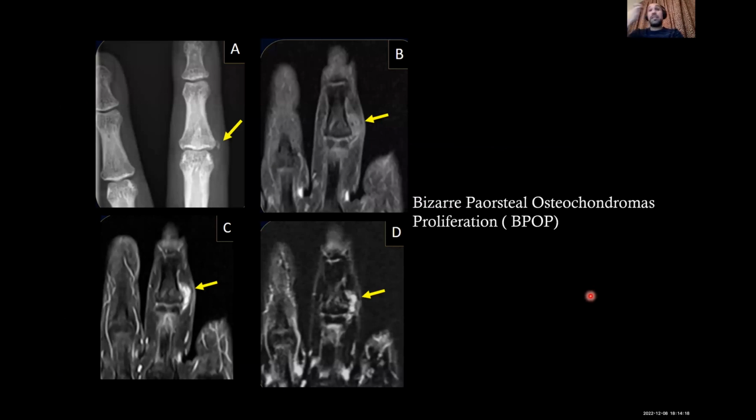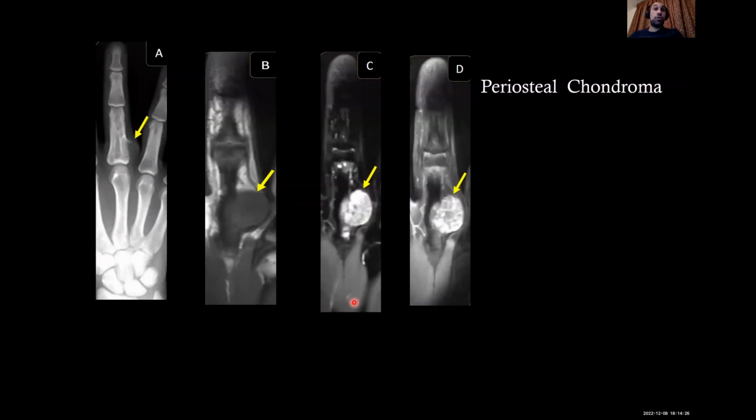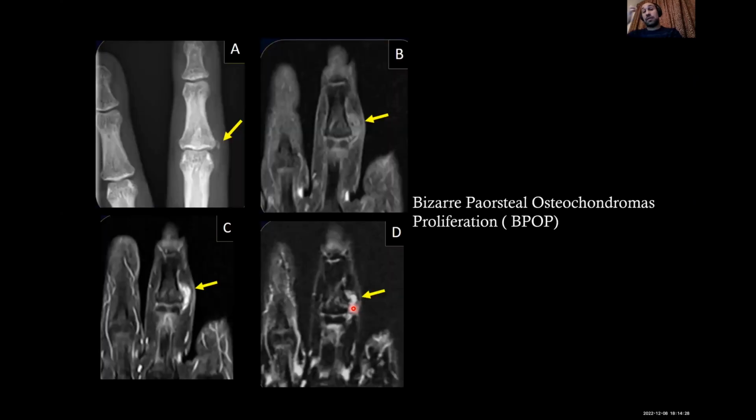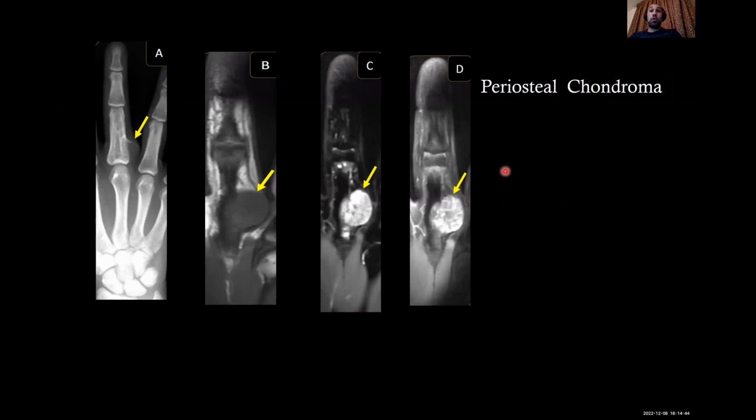Okay, there are these neural lesions, bizarre parosteal osteochondromatous proliferation. You can find these lesions, these structures. I think I showed you these structures in the first lecture, and I hope you still remember it. These bizarre lesions have no medullary continuity with the mother bone, which is the main differentiating point between it and exostosis. Here is periosteal chondroma.